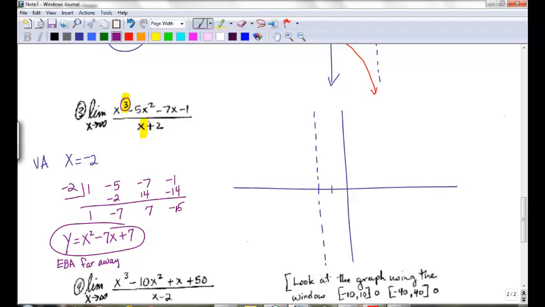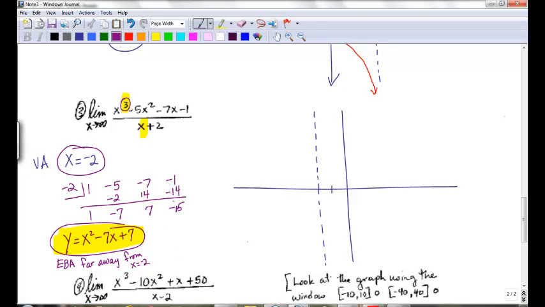It's actually far away from this vertical, far away from x equals negative 2. So far away from that vertical line, this graph is going to approach this asymptote. And that asymptote is your first parabola asymptote.